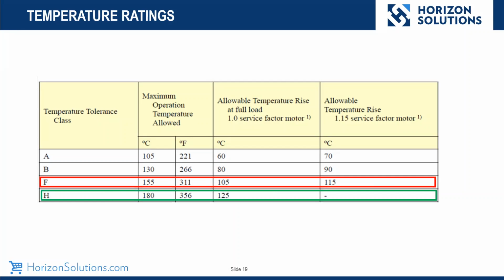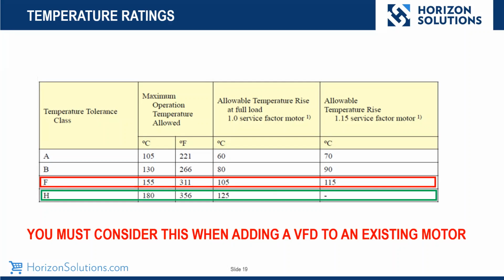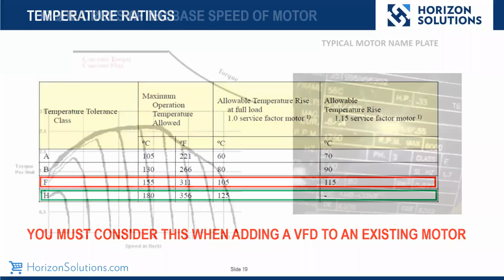A high temperature rating of H in ovens, etc., should be considered, going from an F to an H if the ambient elevates, and those are good for 180 degrees C. So please, when you're adding a VFD to these motors, consider this also, as well as the MG rating. Next slide.